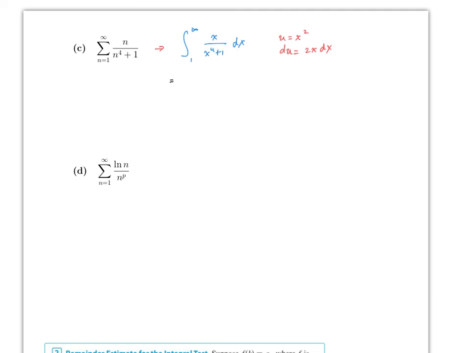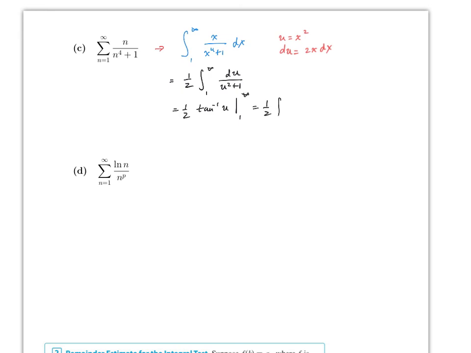So this will be 1/2 the integral from 1 to infinity of du over u squared plus 1. So this will be 1/2 tangent inverse of u from 1 to infinity.